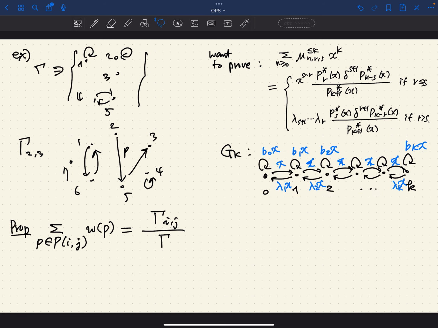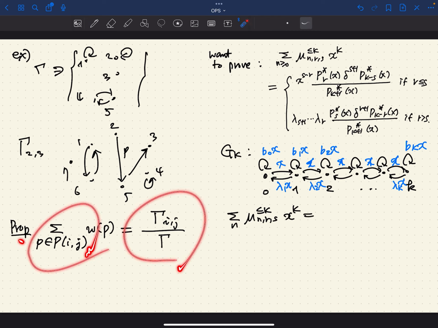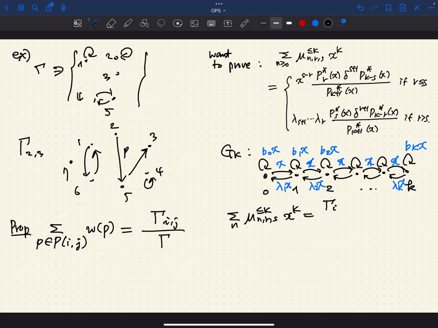We know that this part is equal to this. That we already know, right? So we know that this is equal to this, and of course, by this proposition, that is equal to this as R S, R comma S over.